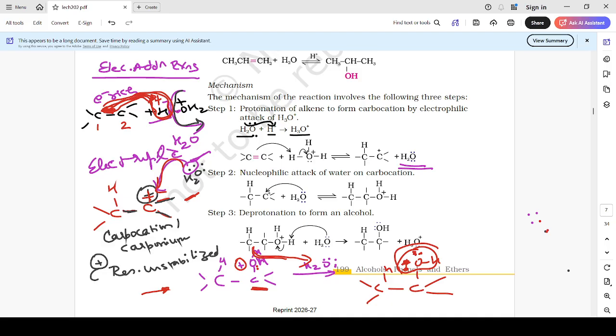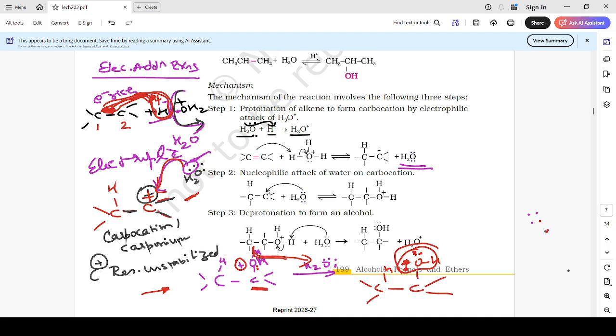Let us talk just about water here. What is the formal charge of oxygen? Why is there no charge written on just water? When I say water, this is how the water looks. It comes with 6 electrons. It has made 2 bonds, so minus 2. Minus the number of electrons it is having. How many electrons? It has 4 electrons. So it is 0. That is why you don't write any charge on this oxygen.